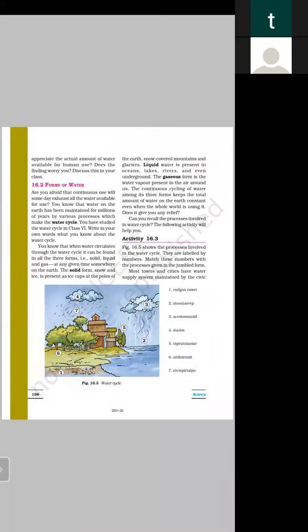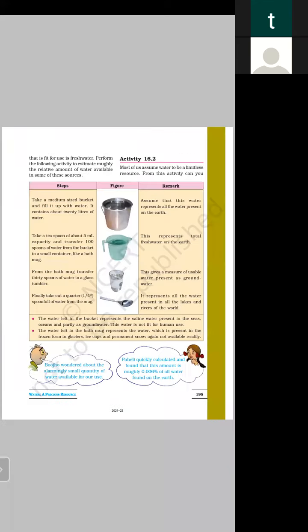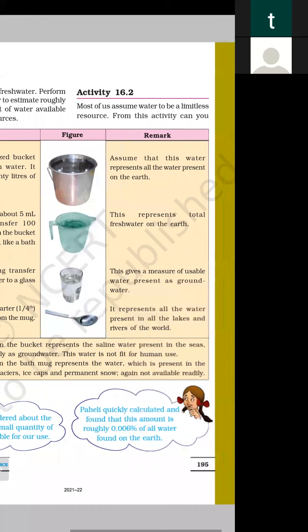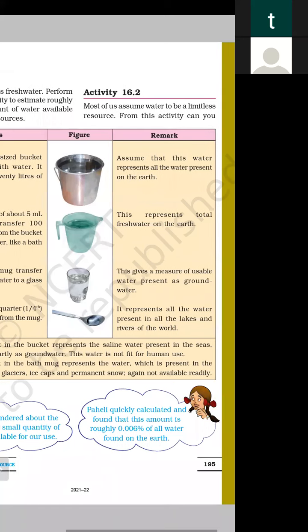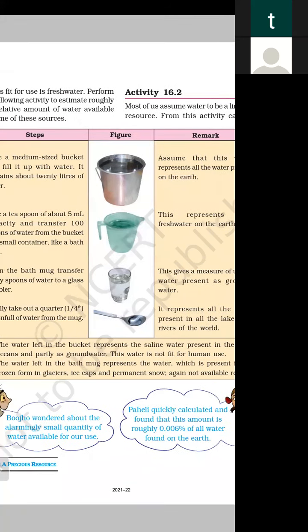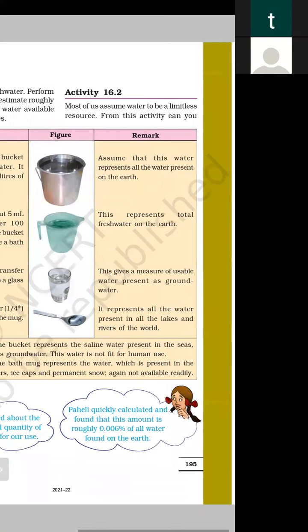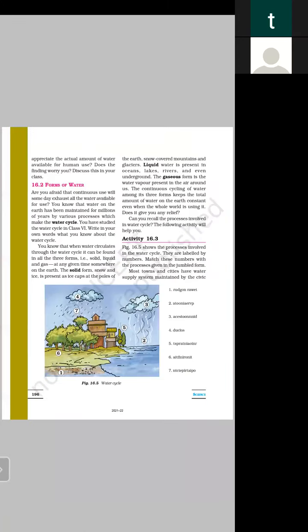Student, we are learning chapter 16, water, a precious resource. In the previous lecture, we discussed how much water is available on earth, and what is the percentage of usable water on earth. 0.006% of water is available for drinking purposes or different uses.